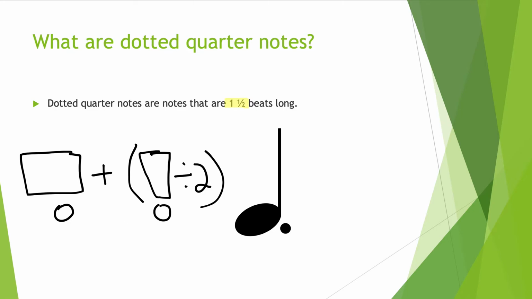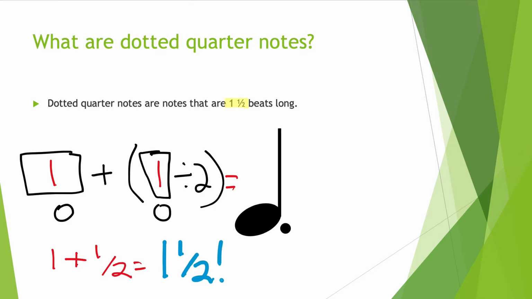So the original value is 1. 1 divided by 2 is 1/2. So this is the same as 1 plus 1/2, which equals 1.5. Simple, right?